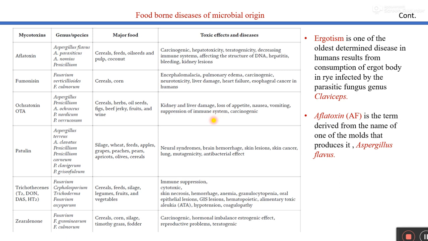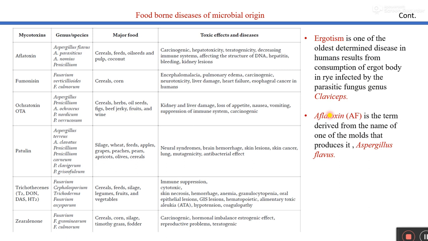So here I would like to talk about the two most important mycotoxins which you will have to keep in mind for the examination point of view. First is ergot bodies, which are generally produced by the parasitic fungus of genus Claviceps, and it generally causes ergotism, right?